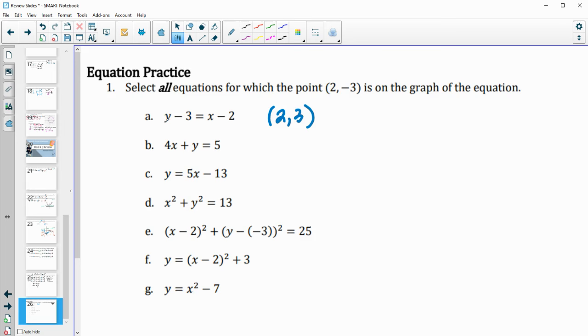So 2, 3 would be on there. And as a line, that means 2, negative 3 cannot be on there. You can also plug it in. So you could plug in 3 for y and 2 for x. 3 minus 3 is 0. Negative 3 in. So negative 3 minus 3 is negative 6.